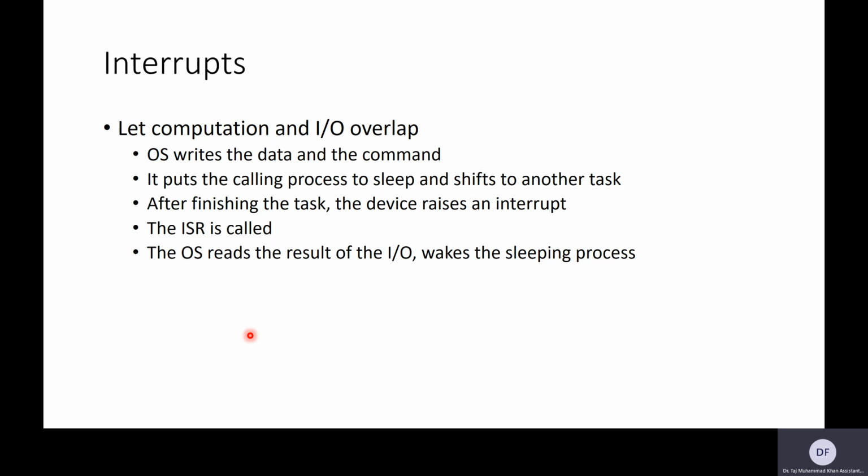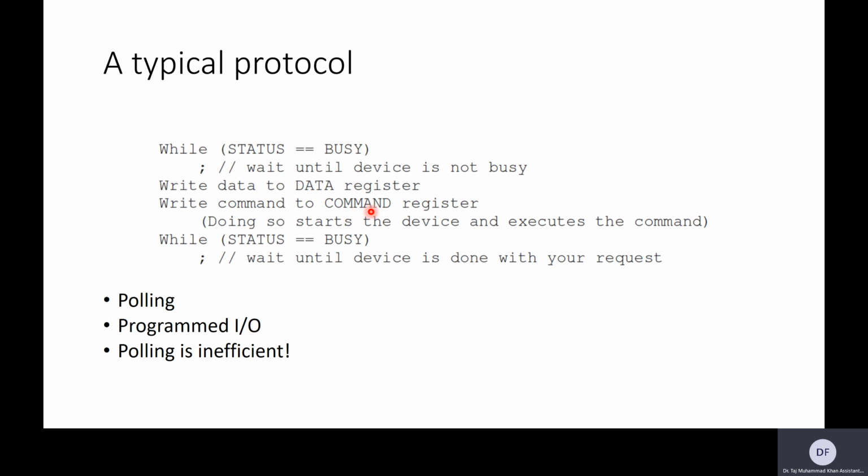So the counter to these two problems is that for polling, instead of the CPU continuously polling the change in status of the device, we can use interrupts. Okay, what we can do is the CPU can write the command, and then instead of polling, the CPU can go and do some other work.